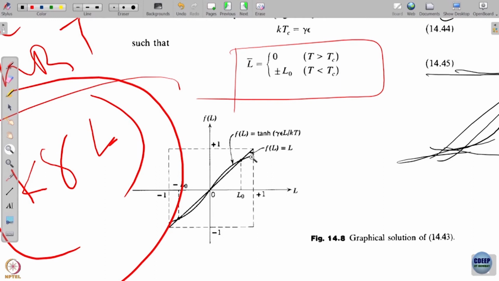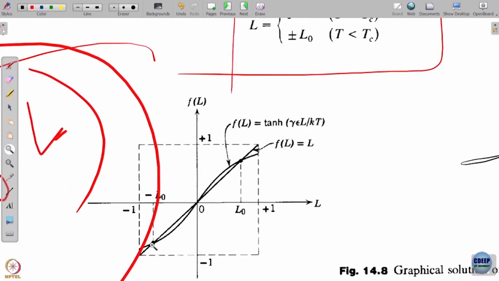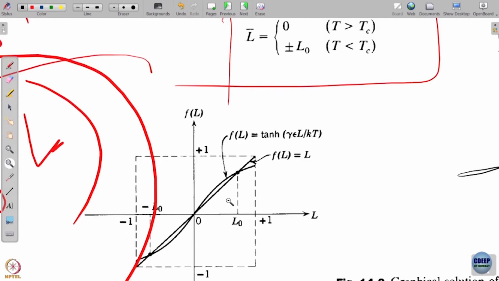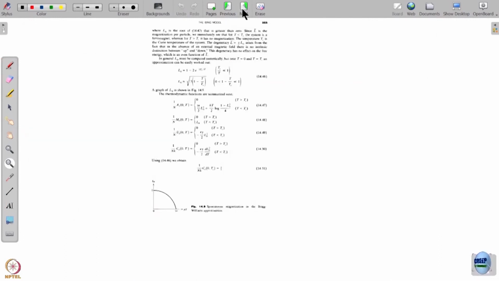You know the tanh very well, because tanh curves look like this. These are the solutions where they meet, and that is L naught, the plus and minus solutions. This works out beautifully. So, next go to the next page.